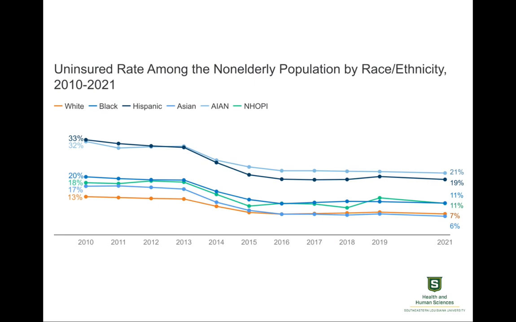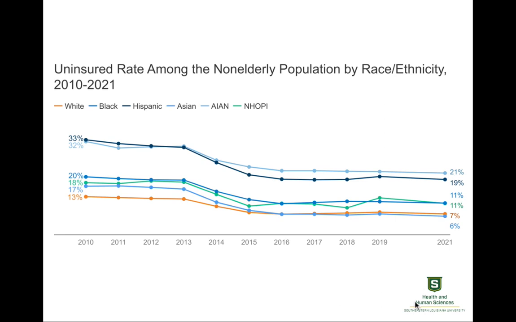So this is an image that depicts uninsured rates among the non-elderly population, from 2010 to 2021. You will notice that the white and Asian rates are rather low. Everybody else is climbing high, with Blacks, Hispanics, and American Indians and Alaska Natives being high up.